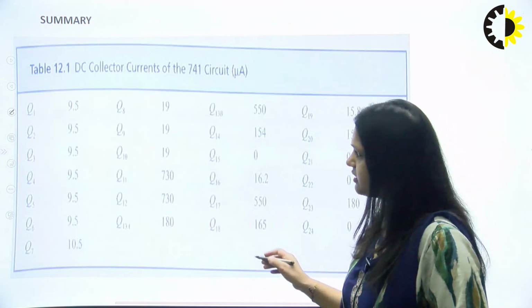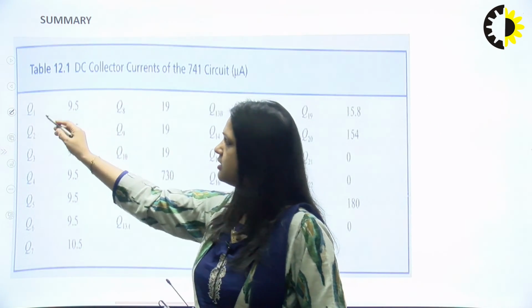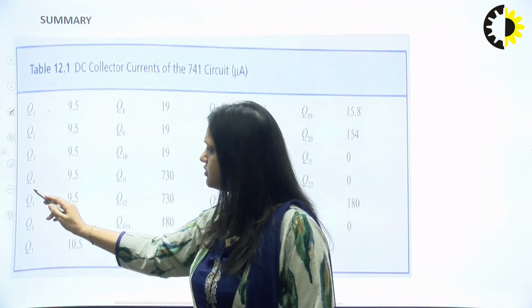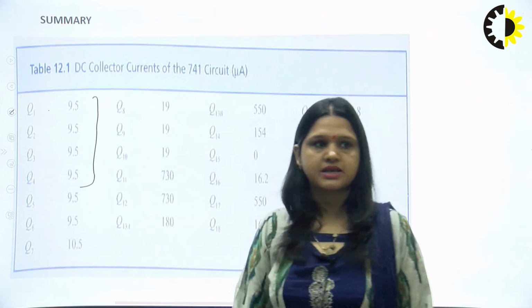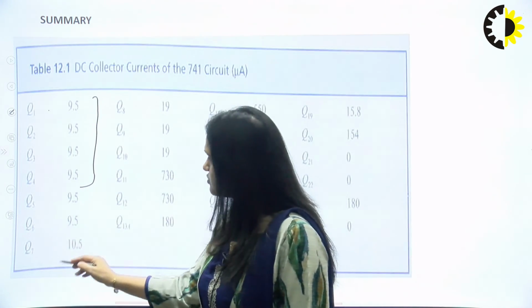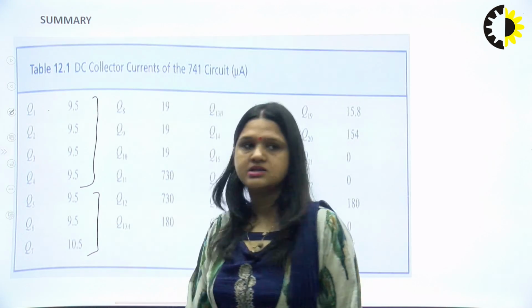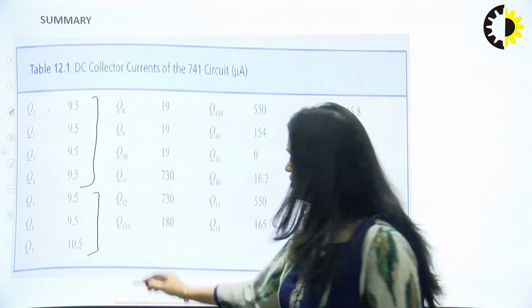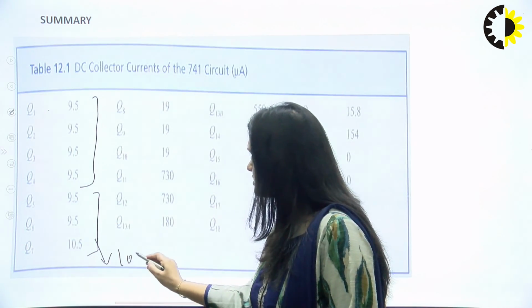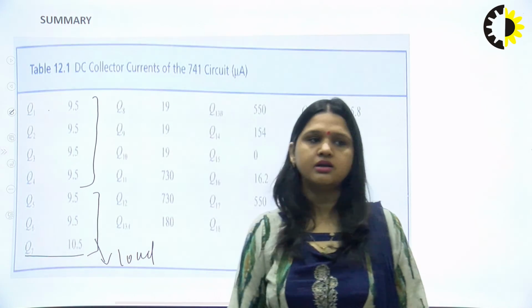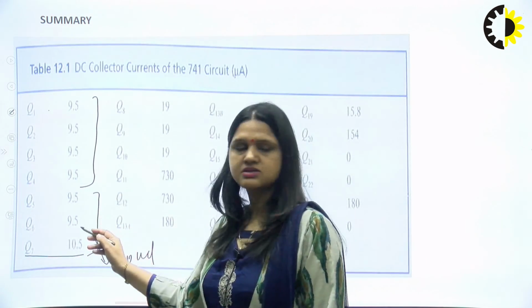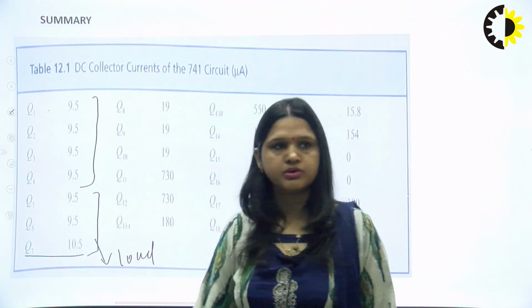You can have a look over there, the transistors Q1, Q2, Q3, Q4 are identical transistors and the current is the same. Q5, Q6, Q7 are the load circuit to the input stage, and here you can see that Q7 has a different current, otherwise Q5 and Q6 again have a 9.5 microampere value.